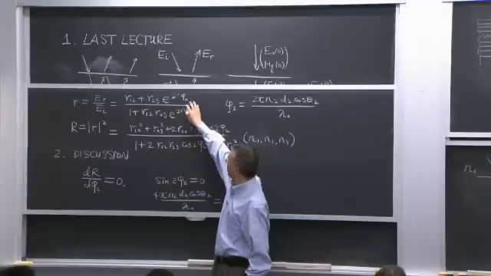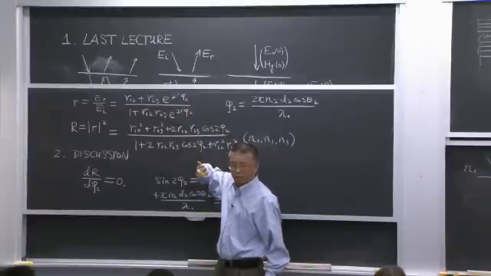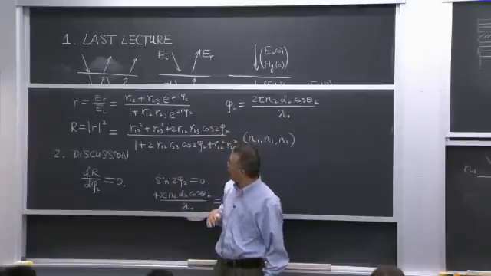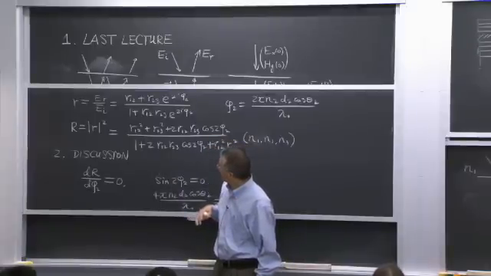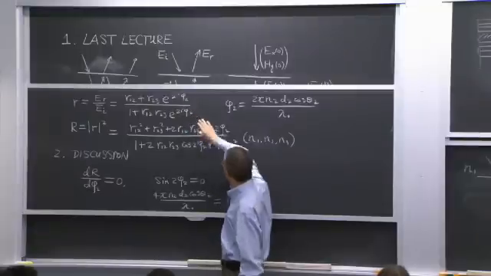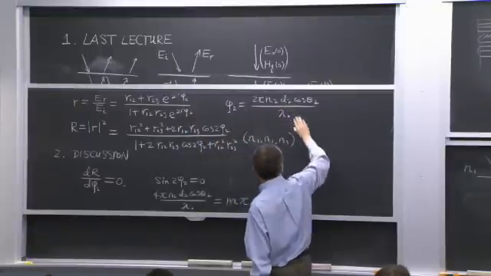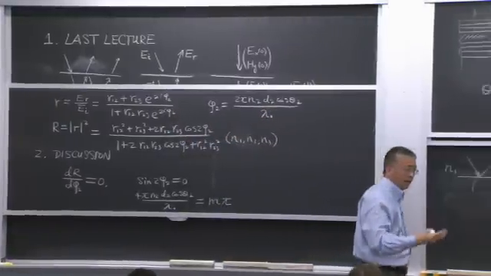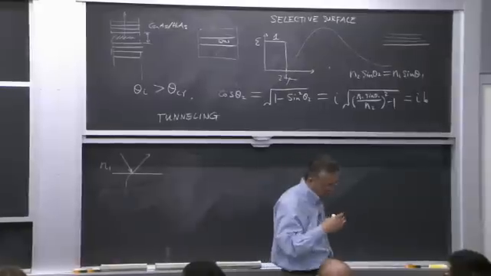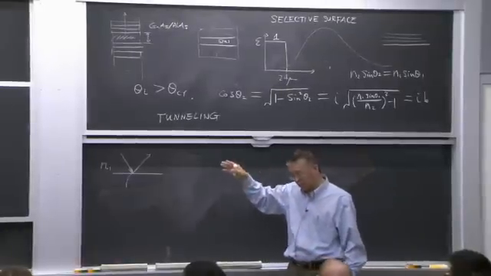If this exponential term is really small, all this drops out, and reflectance is still 1. When it's very large, it drops to 0.